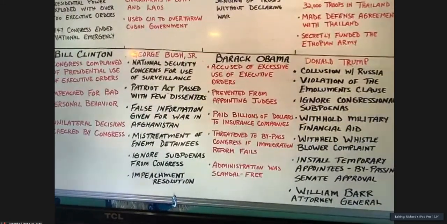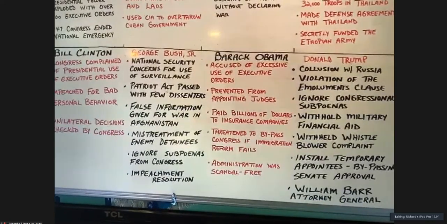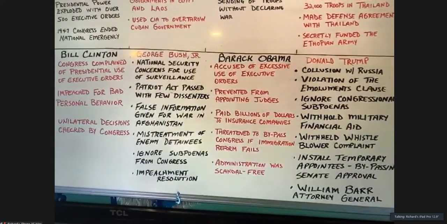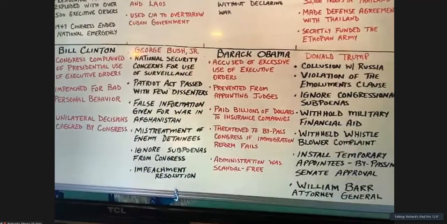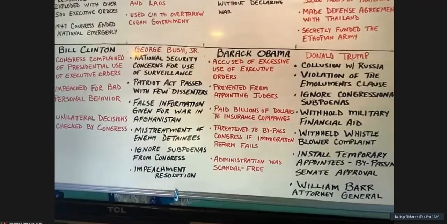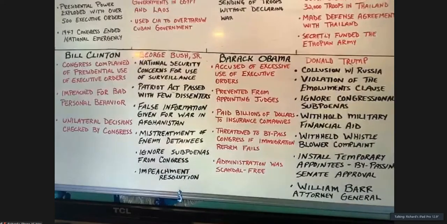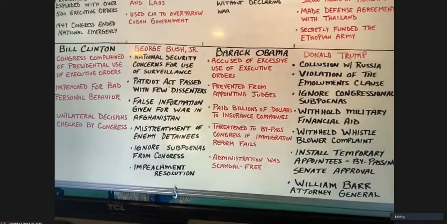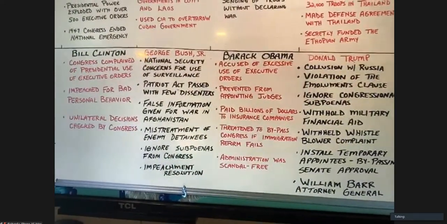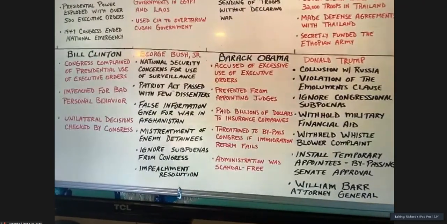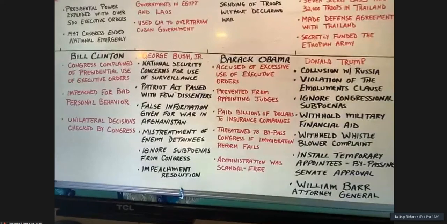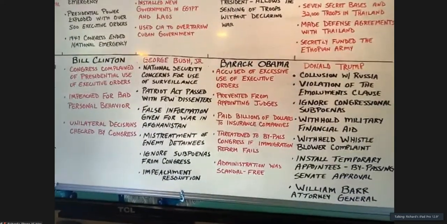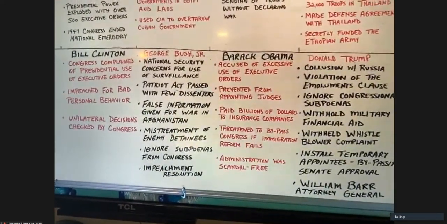And it was after the attacks of September 11th, 2001, that Cheney and Rumsfeld used national security concerns to justify the use of surveillance and enhanced interrogation techniques, torture. The Patriot Act was then passed with very few dissenting votes, and the Department of Homeland Security was created.